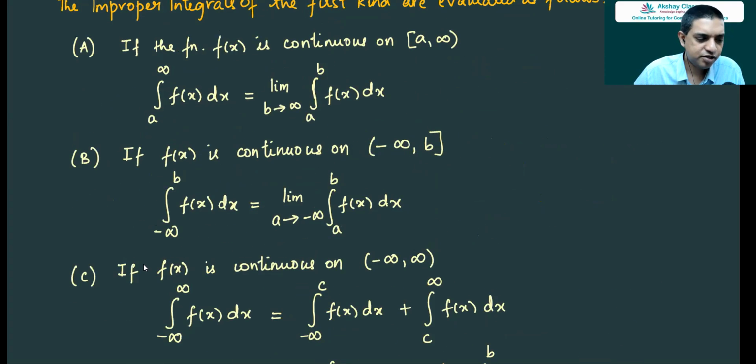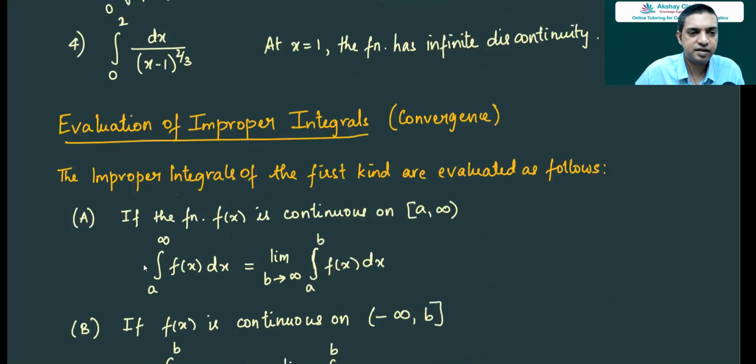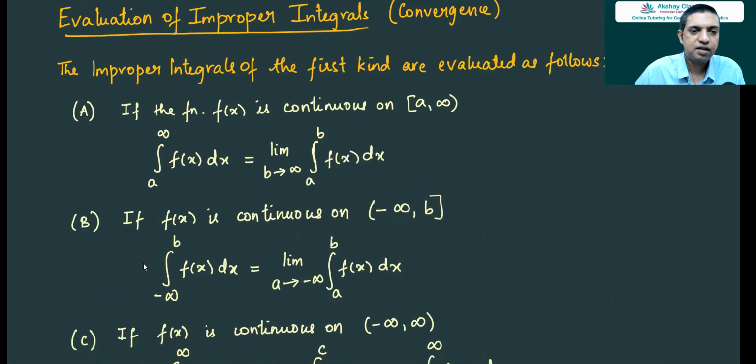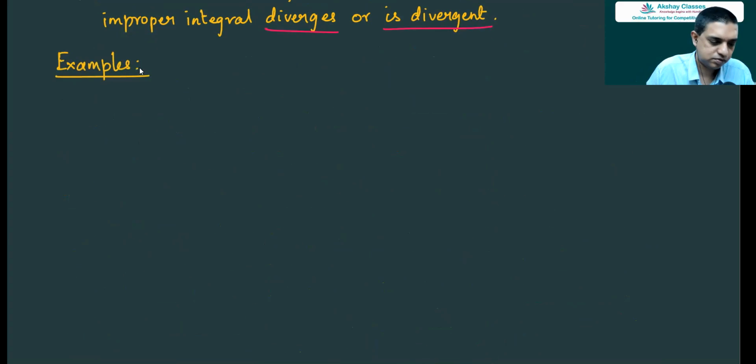So let's evaluate some improper integrals of the first kind, where one of the limits goes to infinity. Integral minus infinity to 0 x sine x dx.